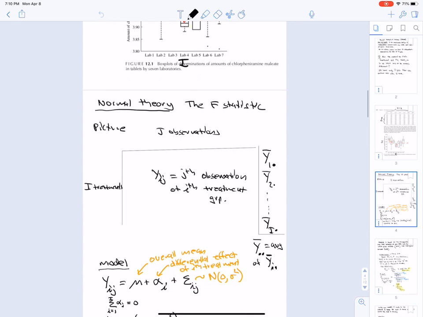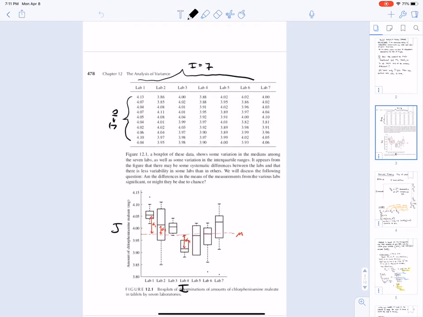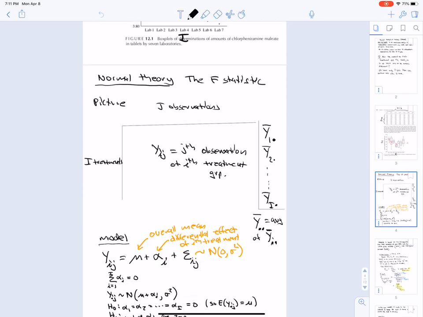So this is a normal theory. We're going to be using the F statistic, and because I can't stand having j be rows and i be columns, I'm just going to transpose this picture here so that my labs are the rows and the observations are the columns. So like this.